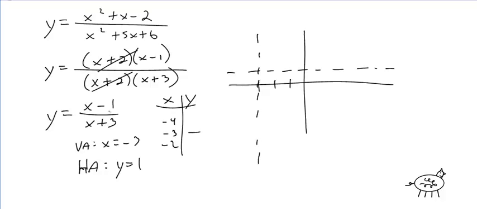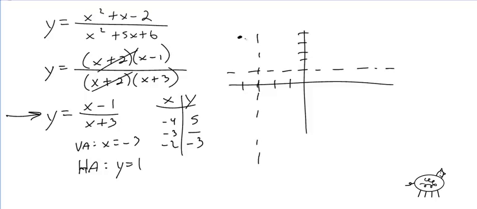So negative 4 gives me, plugging it into this one, of course, because I simplified it, negative 5 over negative 1, which is 5. And if I put a negative 2 in there, I get negative 2 minus 1 is negative 3, negative 3 over 1 is negative 3. So it's negative 4 comma 5.